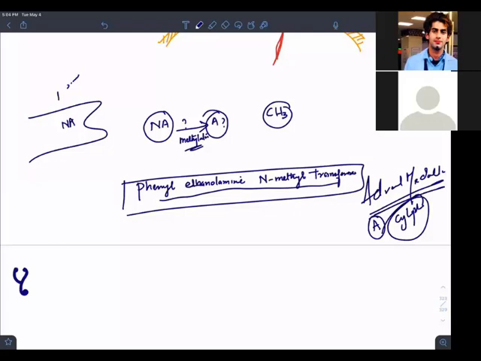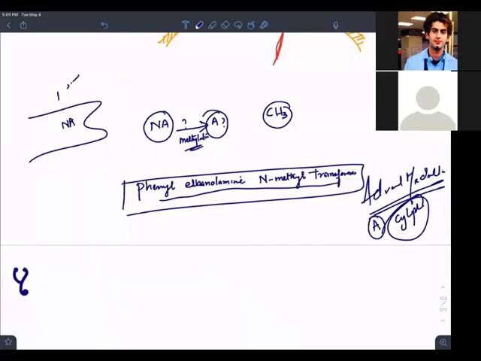I don't have the enzyme phenylethanolamine N-methyltransferase. Is it clear? That's why your adrenal medulla is able to produce adrenaline. Because it has that methylation enzyme, it can methylate noradrenaline to adrenaline. Is it clear, friends?